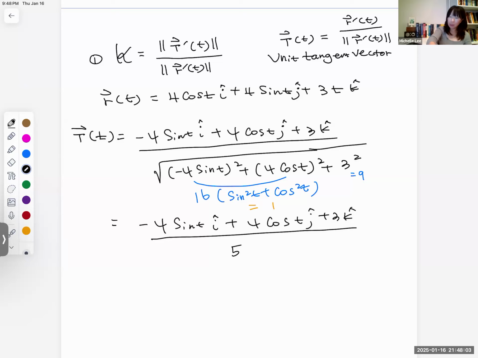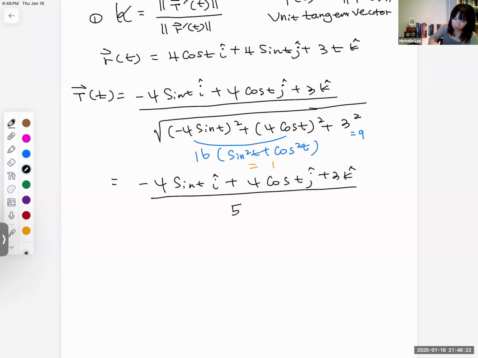Okay, so we want to have a magnitude of that, right? So magnitude of this and divided by that.